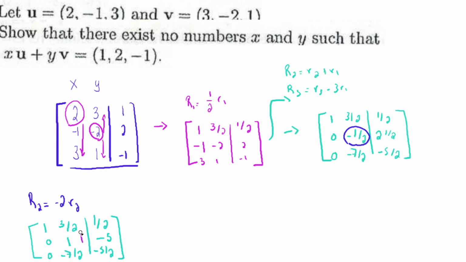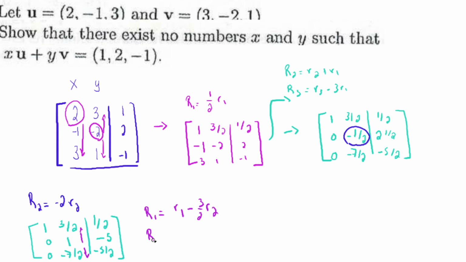We're going to 0 out this column. So our new row 1 is equal to our old row 1 minus 3 over 2 times row 2, because 3 over 2 minus 3 over 2 is equal to 0.